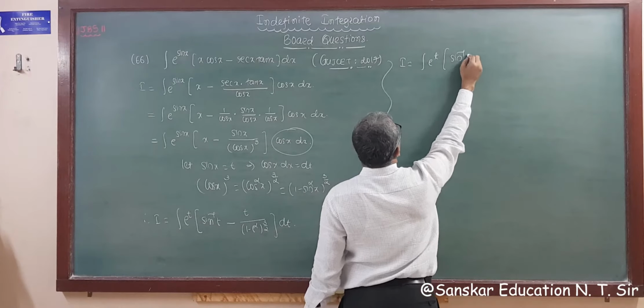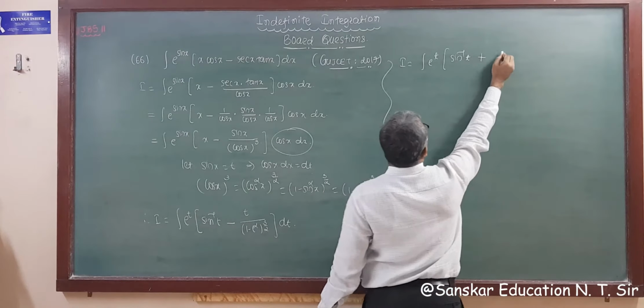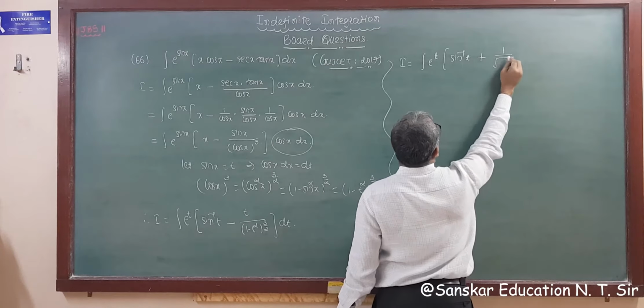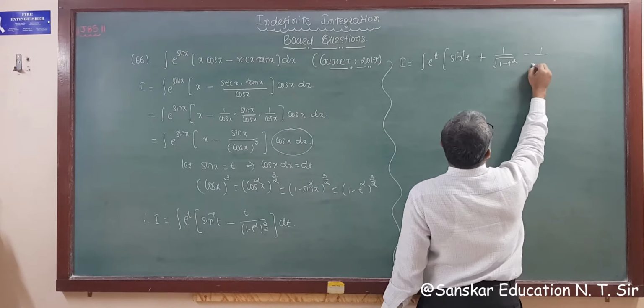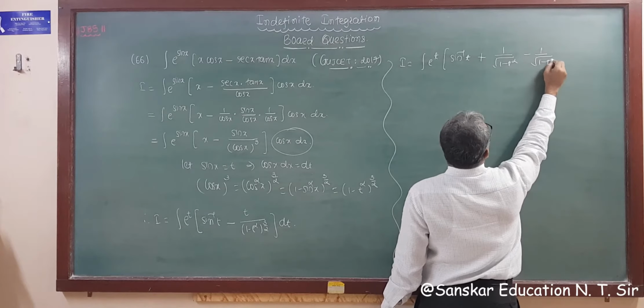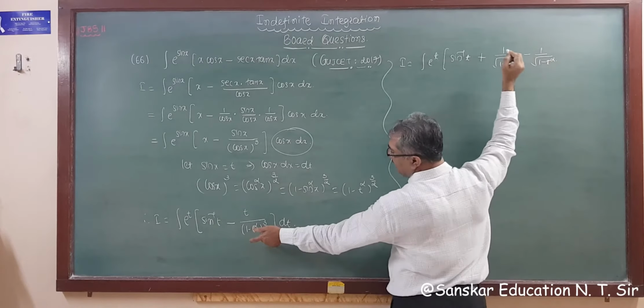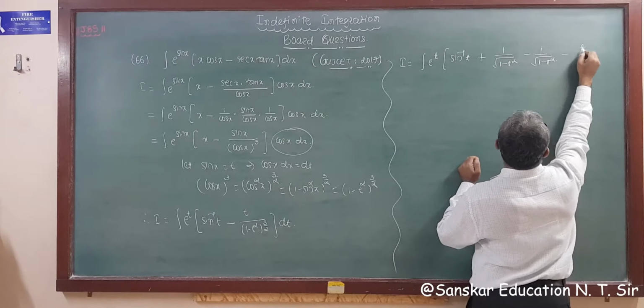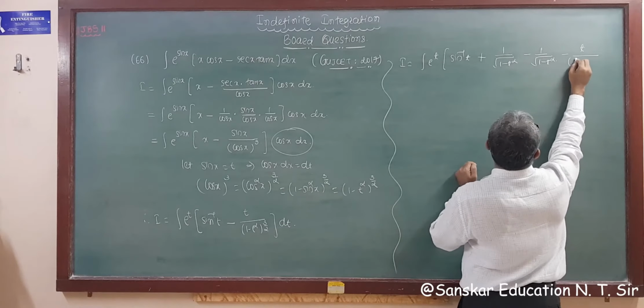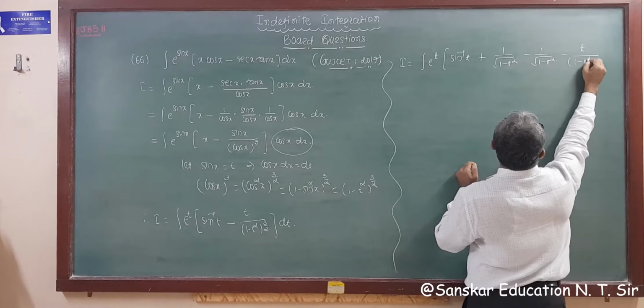Sin inverse t, derivative of this is 1 upon under root 1 minus t square. So we have to add this, means subtract 1 upon under root 1 minus t square, and the remaining term will be minus t upon 1 minus t square raised to 3 by 2, right? Bracket over dt. This is our step.